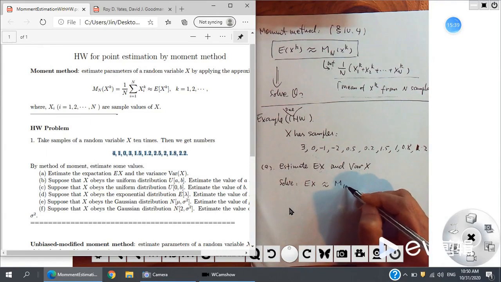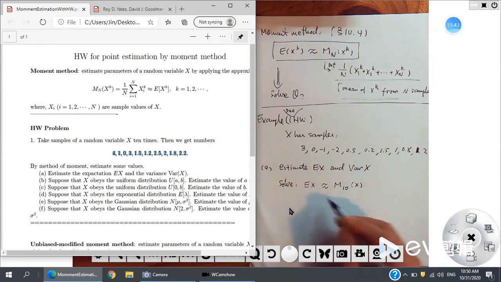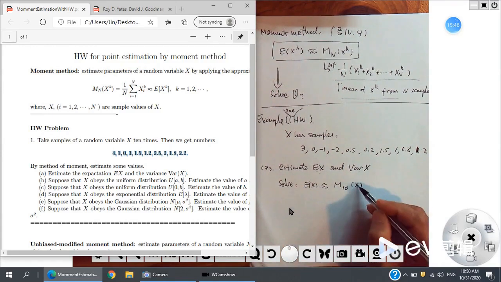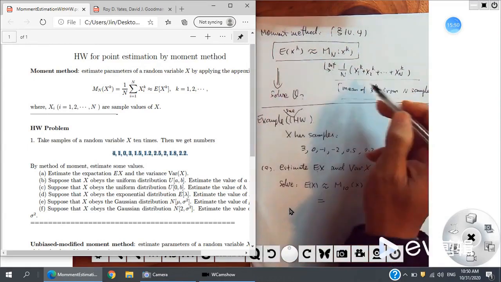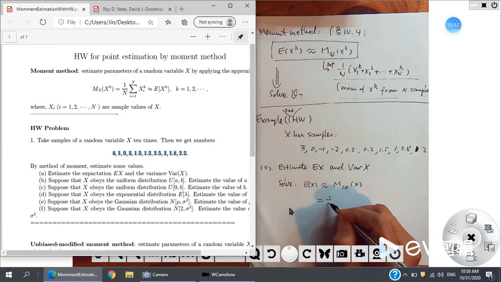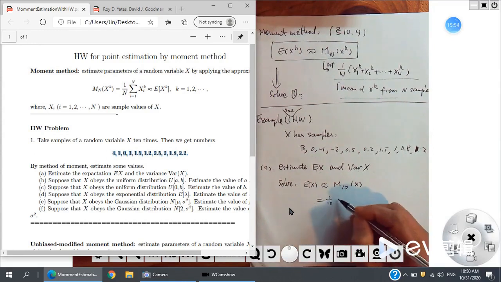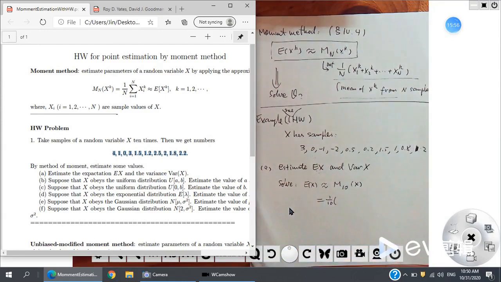Now n is 10, right? I have 10 symbols. So plug in. This one is 1 over n, n is 10 now, then x_1 plus until x_n. K is 1, right?